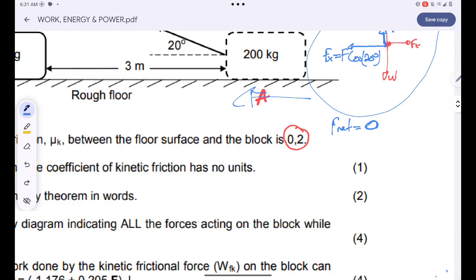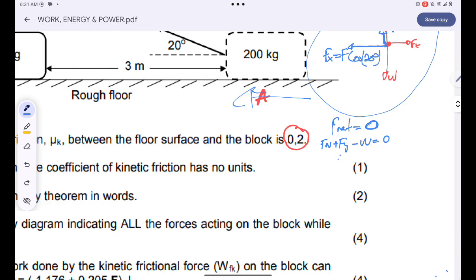Are we together? So you can simply say that normal force plus the vertical component minus the gravitational force is equal to 0. I'm separating gravitational force because it is opposing the two upwards forces.